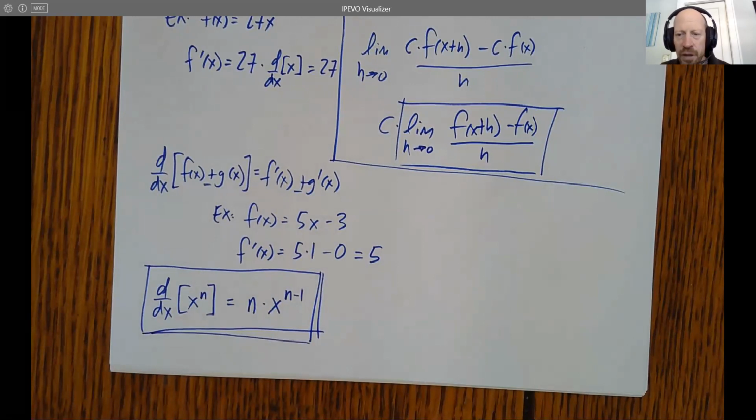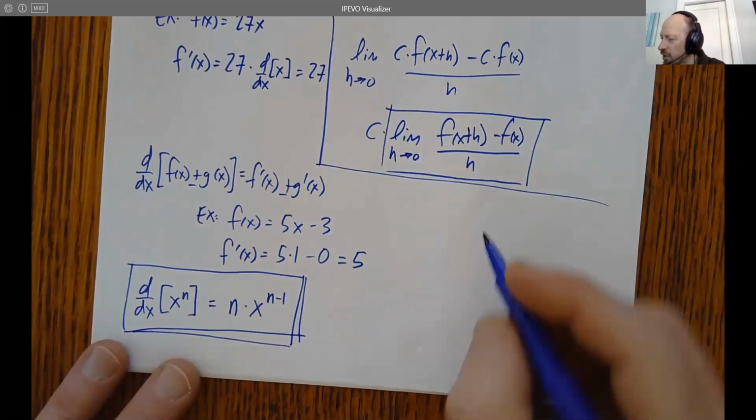I go through this in the lecture capture for section 3.1, and I would strongly encourage you to look at that proof. I may also do it in the little smaller video. So I'm not going to redo that proof here, but when you go through the definition, take the limit and do some algebra, you end up with this result. And it turns out it's really nice.